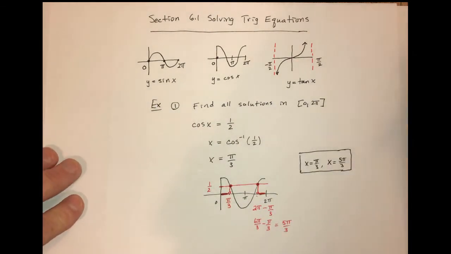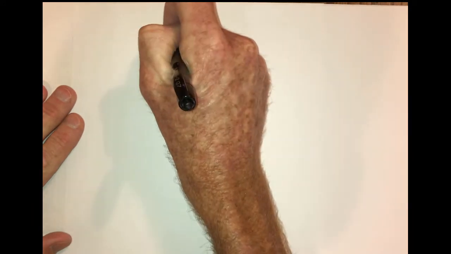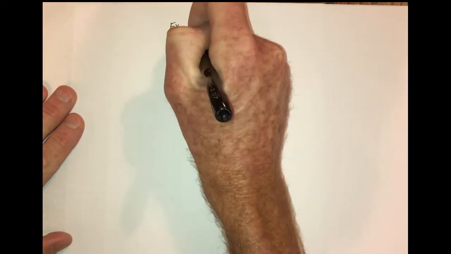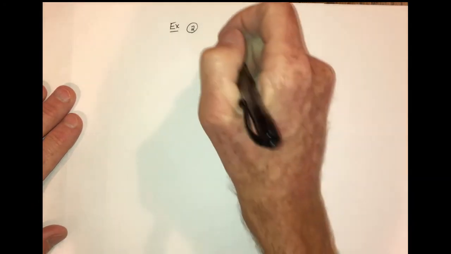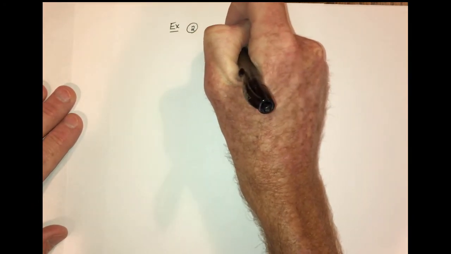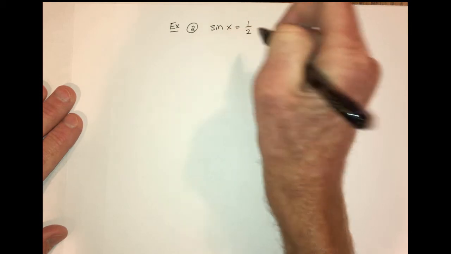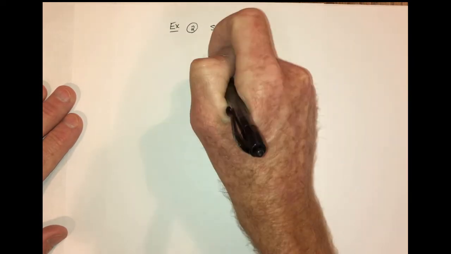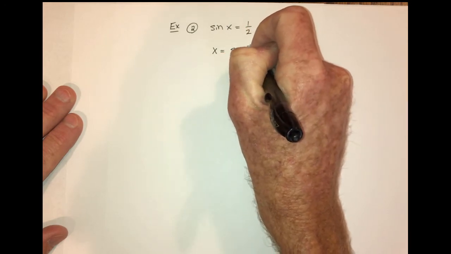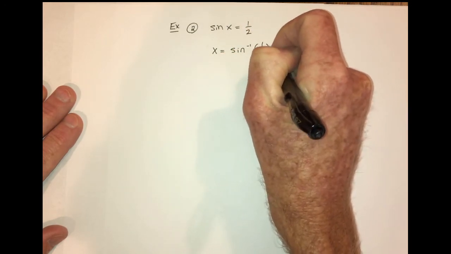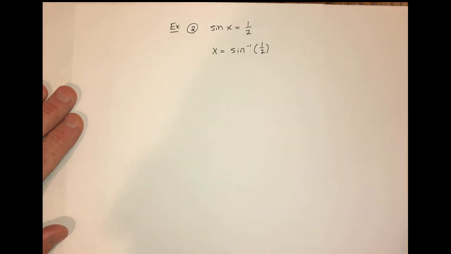Okay, now on to example number 2. Again, we're finding all solutions in the interval from 0 to 2 pi. And then for this one, just make it sine equals 1/2. So, like last time, we could first take sine inverse of both sides. So in other words, find sine inverse of 1/2.